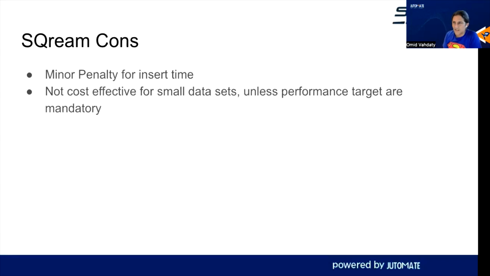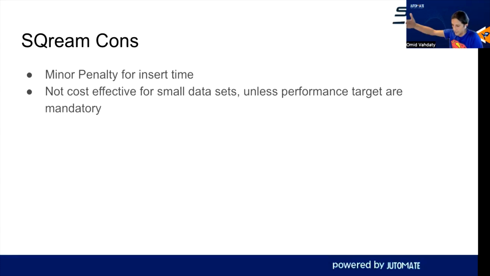There's a minor penalty on insert time, like every other technology, but at least it's faster. It's not cost effective for small data sets, unless performance targets are mandatory. There are some use cases where a customer comes to me with a requirement that the response of the processing must be within a very short window of time, for example, 1 second, or 1 minute, or 1 hour, and the amount of data is huge, and there are very large degrees of freedom.